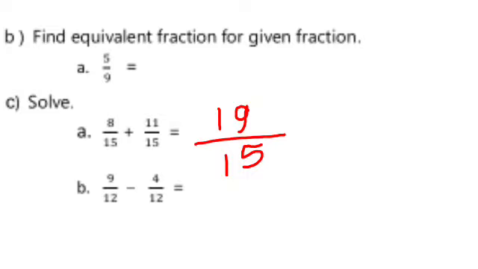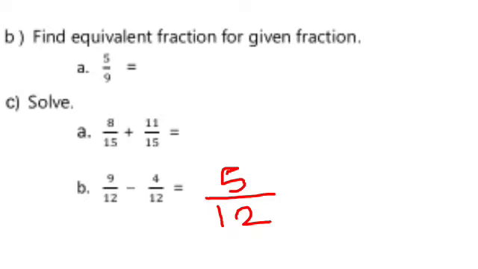So the answer is 5 upon 12. Here the denominator is same, so we write 12 and subtract only numerator. It is very easy to solve this example.